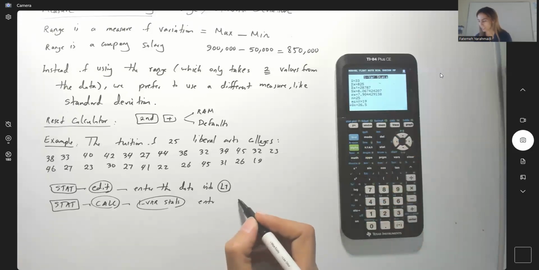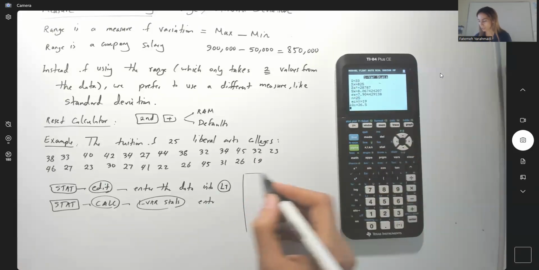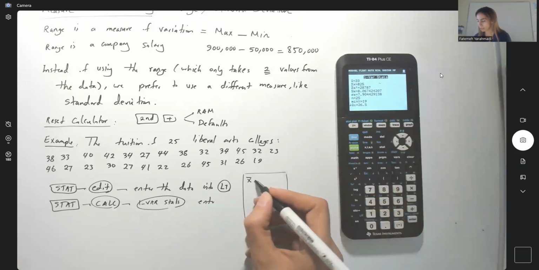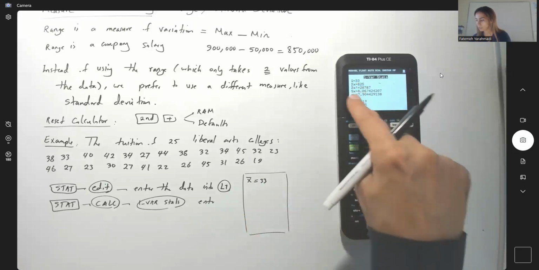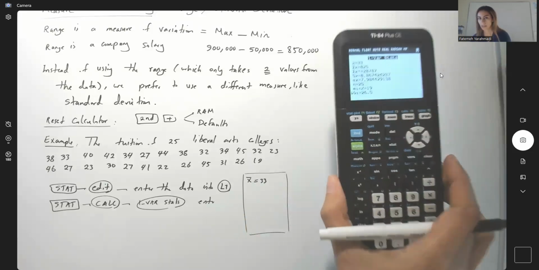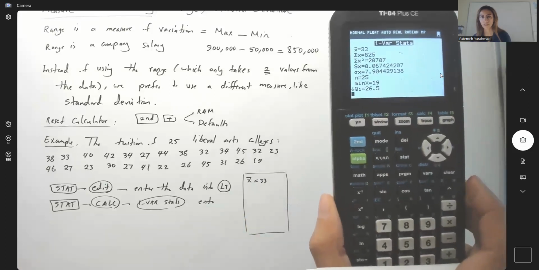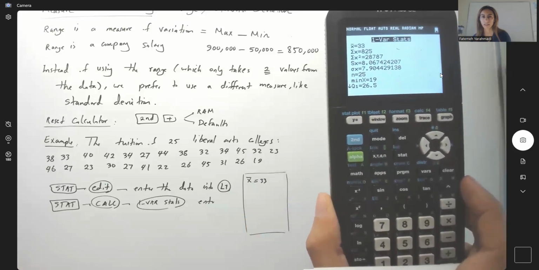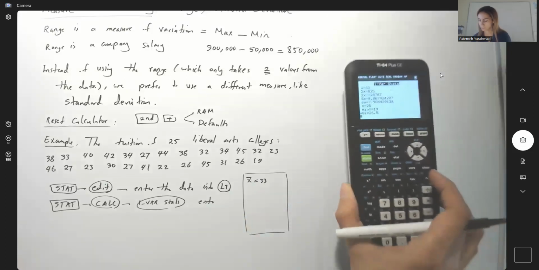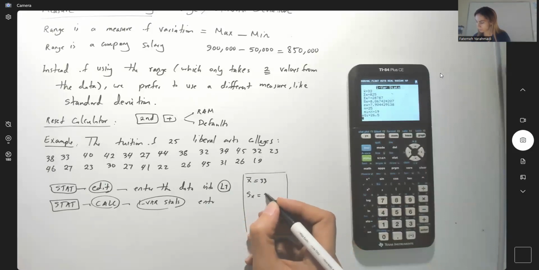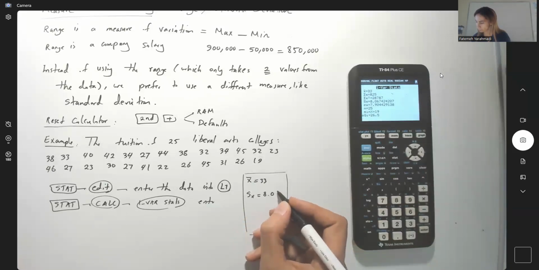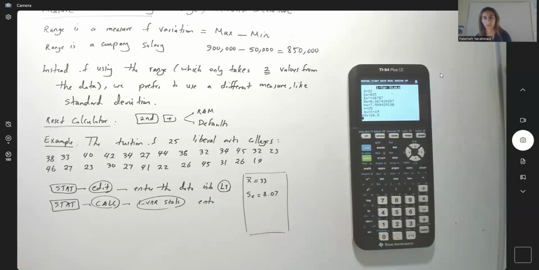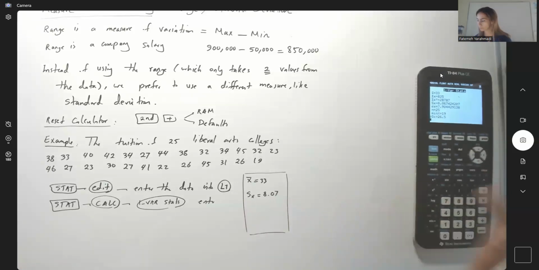So here you have the following information on the screen. It says X bar is 33, and then going further down, S sub X is 8.07. Perfect. So what does it tell me? S sub X represents the standard deviation of your sample.